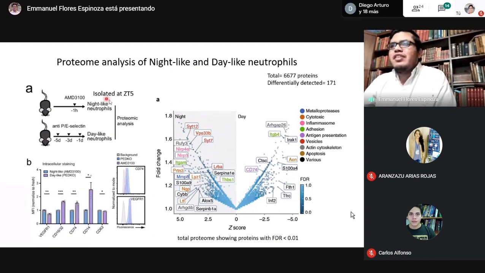The night-like neutrophils are enriched by the administration of AMD3100, an antagonist of CXCR2 that is known to enrich night-like neutrophils in the blood circulation, and the day-like neutrophils they enrich by administration of an anti-endothelial selectin antibody to these mice.